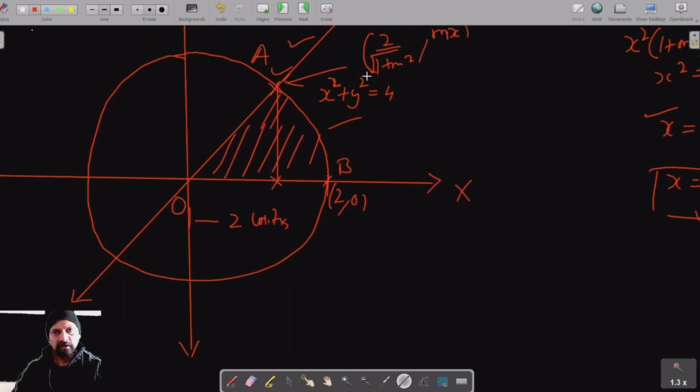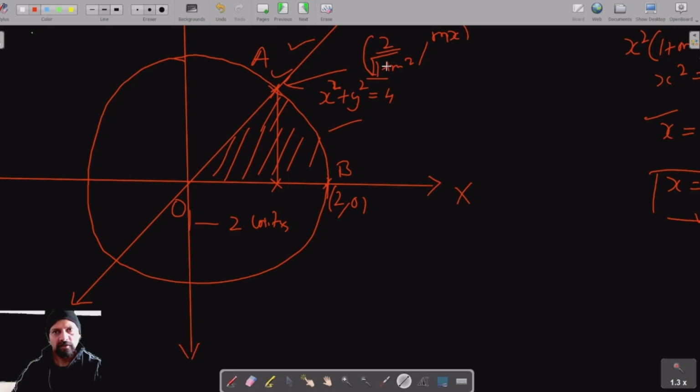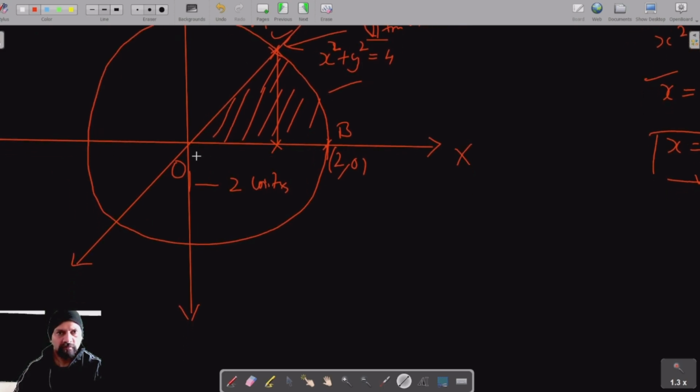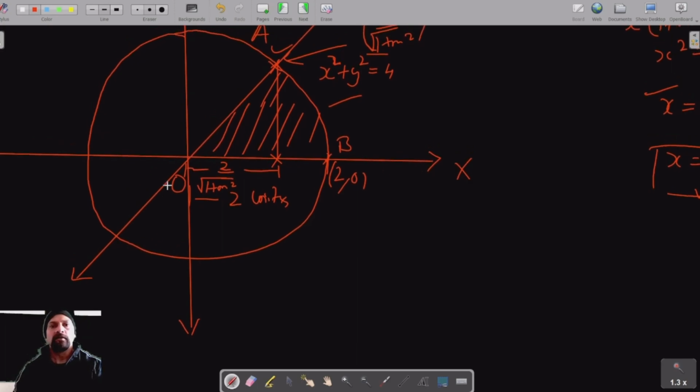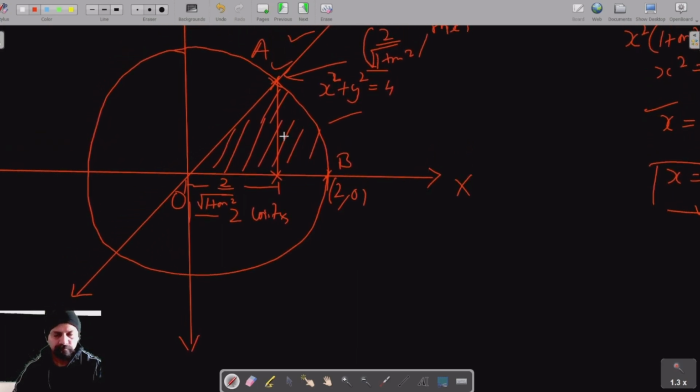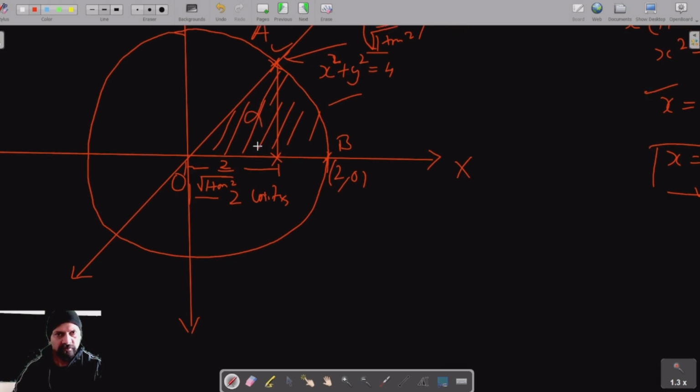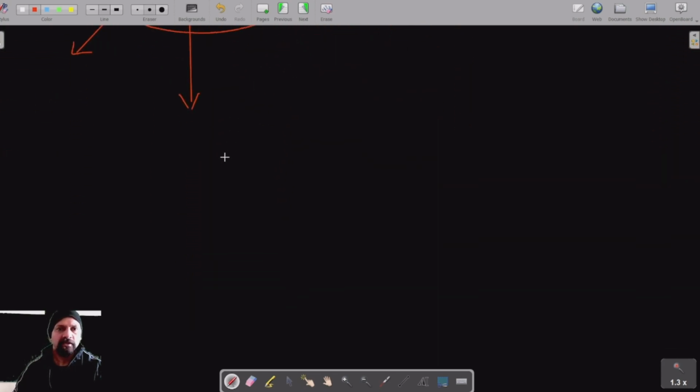The coordinates of this point are 2 upon under root 1 plus m square, so this distance is 2 upon under root of 1 plus m square. Okay, so now let's say this is point C.